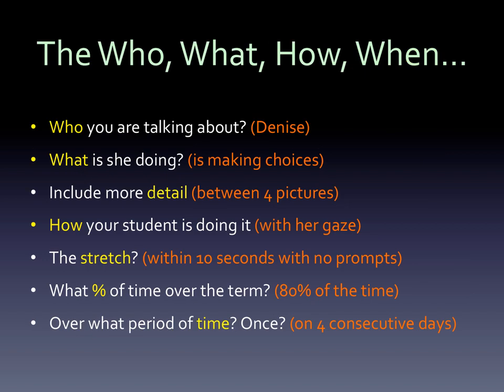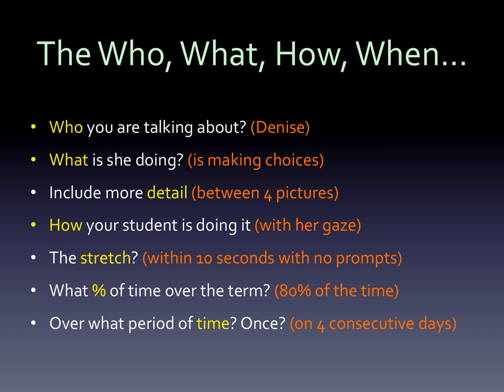So in closing, let's just recap the key components of a well-written and measurable IEP objective. Always remember to start with a person's name to help keep you on track with a student-focused objective. Who is doing this? Denise. What will she do?